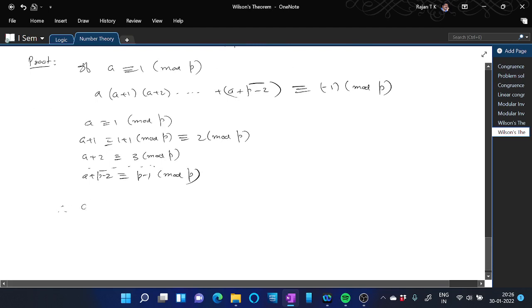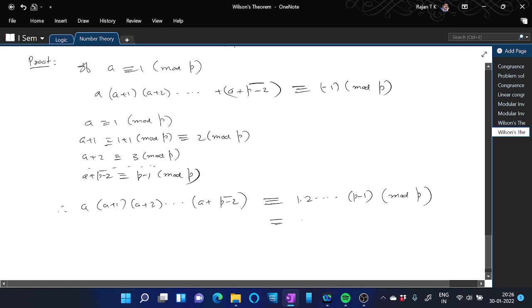Therefore, a into a plus 1 into a plus 2 into etc. a plus p minus 2 is congruent to 1 into 2 into etc. up to p minus 1 mod p.